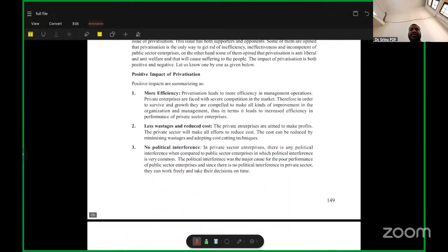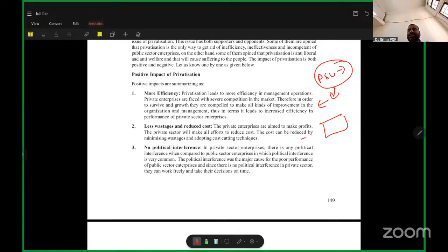Impact of privatization on the Indian economy. When public sector units are transferred to private parties, automatically efficiency increases. When efficiency increases, automatically it is a profit for the Indian economy, with less wastage and reduced cost. So maximum wastage is avoided and cost is reduced.